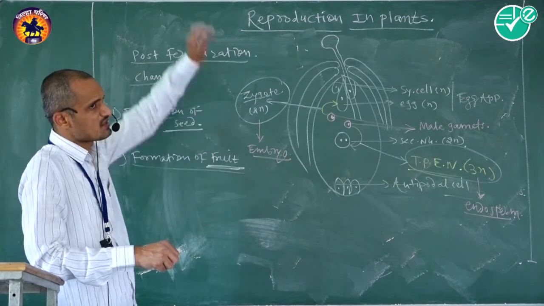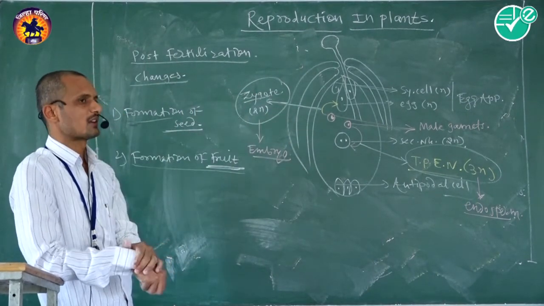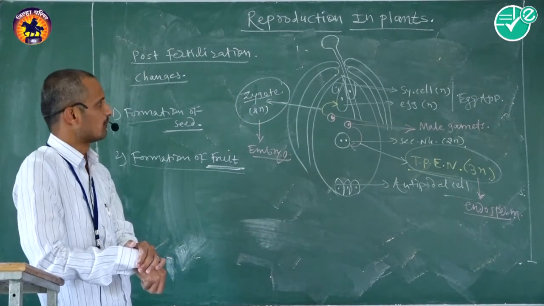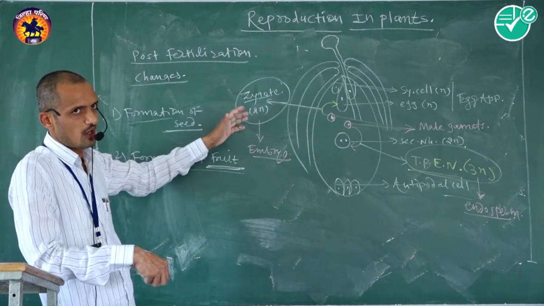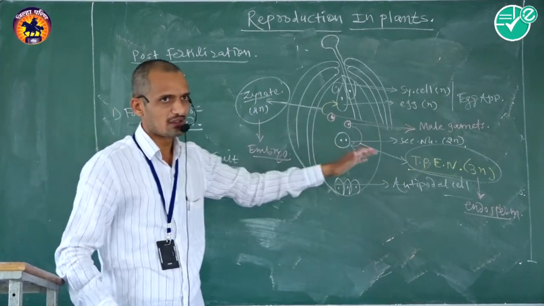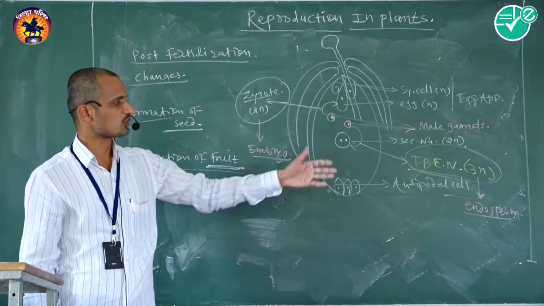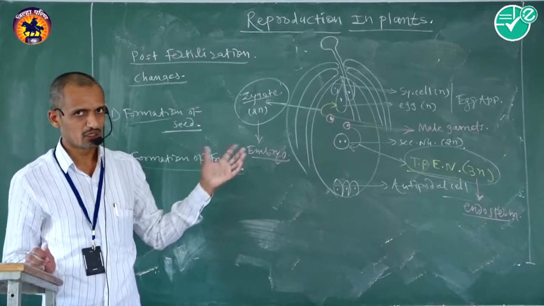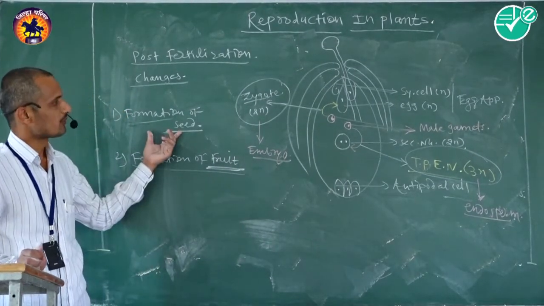At the end of double fertilization, zygote and triploid primary endosperm nucleus will form. The zygote divides to form embryo, and the TPN divides to form endosperm. Embryo and endosperm are parts of seed.